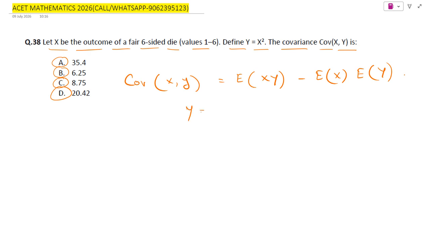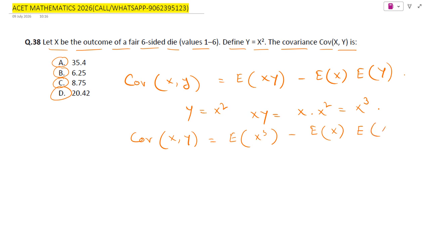Since Y equals X square, XY is X into X square, so this is X cube. Therefore, covariance of X and Y is E of X cube minus E of X into E of X square. Right, so this simplifies the entire problem.